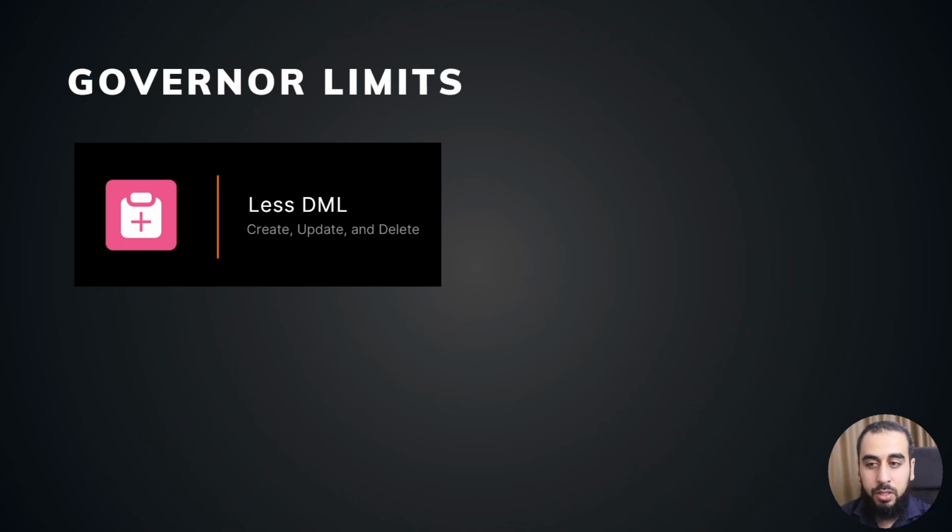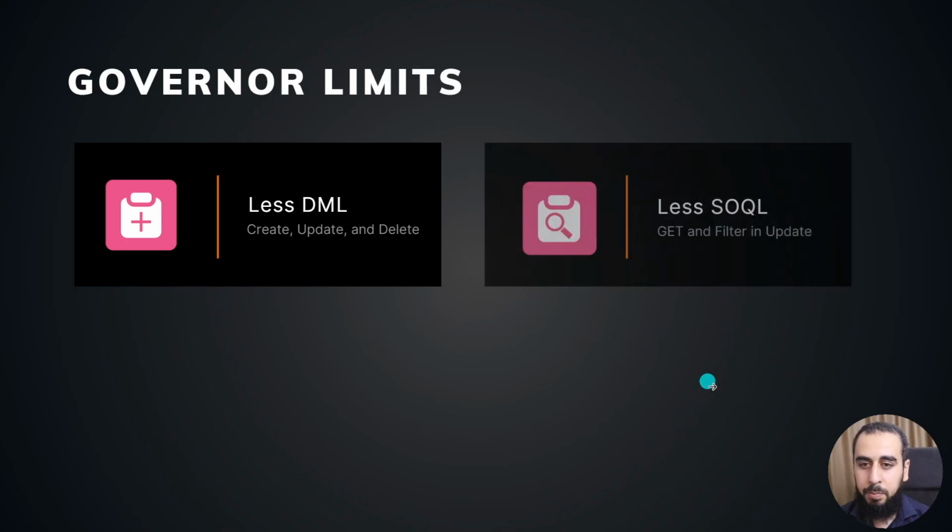The way this works is that if you need to create one record and then later in the flow you need to create another record of the same object, like create account and then later create another account, then it's good practice to not create the first one yet and add it to a collection, and then not create the second one yet and add it to a collection, and put this towards the end of the flow. After you confirm that there are no more of these records, you can create that collection with one DML instead. And the same concept applies to delete and update.